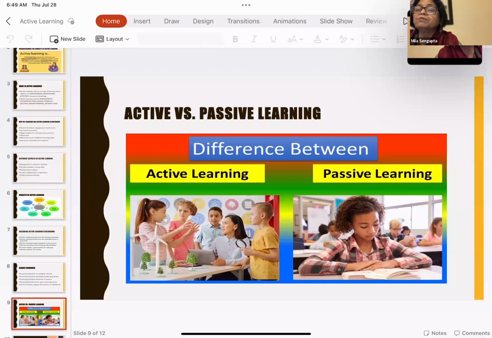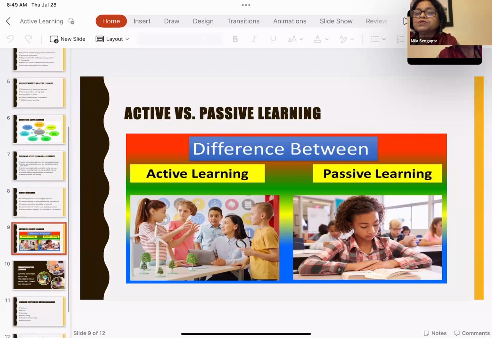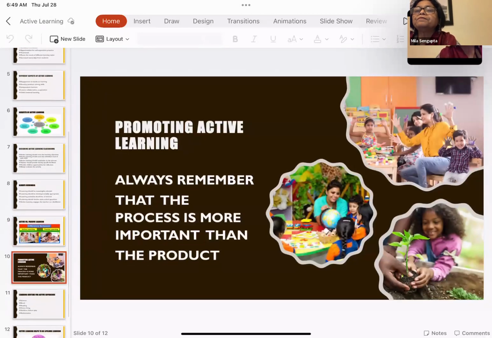Doing something at random is not going to give you the outcome that you are looking for, and children will be engaged for a while, but then over a period you see that they're losing their interest, and they will pick up some activities that may not be positive choices.